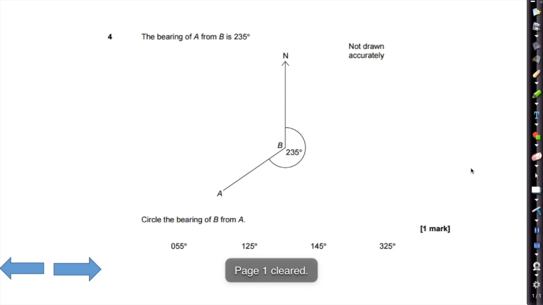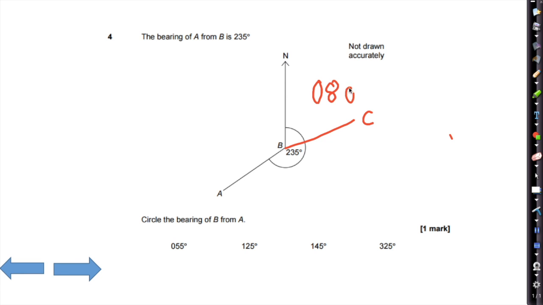Remember bearings are always 3 digits, so if we were going, let's call this C, C from B, that may be something like 0, 8, 0. That would be a bearing of 0, 8, 0 degrees. Always 3 digits and always measuring to the right, so measuring clockwise.